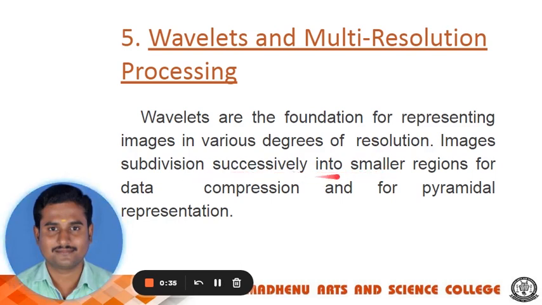Images are subdivided successively into smaller regions for data compression and for pyramidal representations. Resolution here means contrast increment and decrement, brightness increment and decrement. Some pictures may have high resolution and some pictures may have low resolution. Suppose you want high resolution images for a particular processing, yeah, you can increase the wavelength of the image.